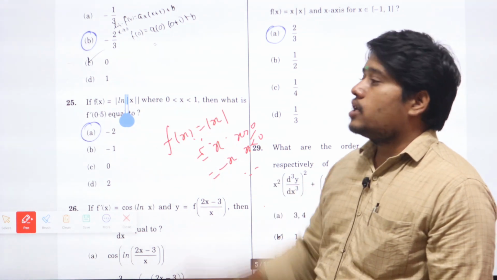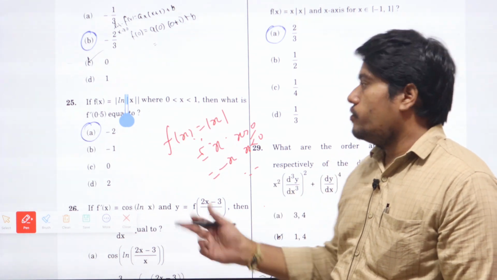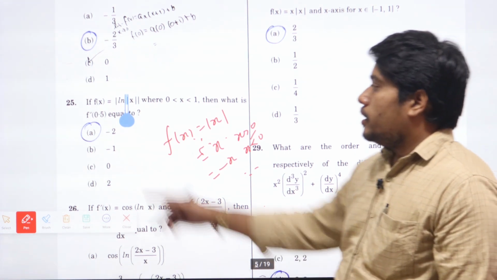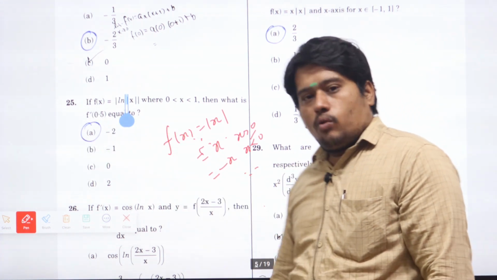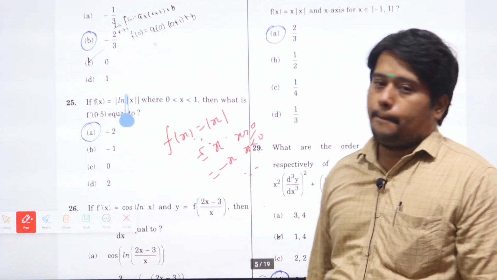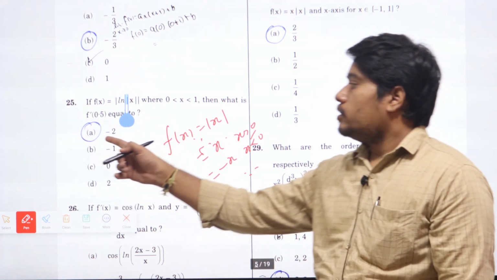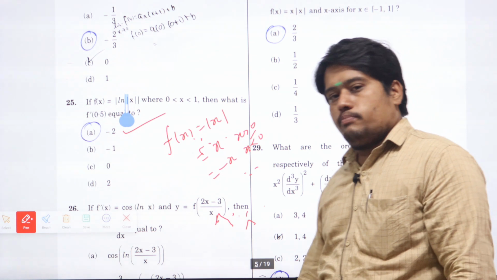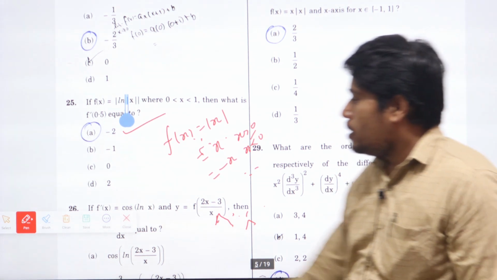So this is modulus of log of modulus x, and we can apply the modulus idea twice. Then we differentiate to get f dash of x and substitute x as 0.5. Then the value of f dash of 0.5 is minus 2. Option A will be the right answer.